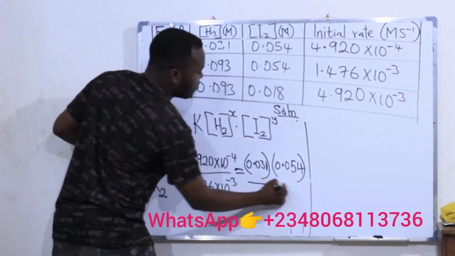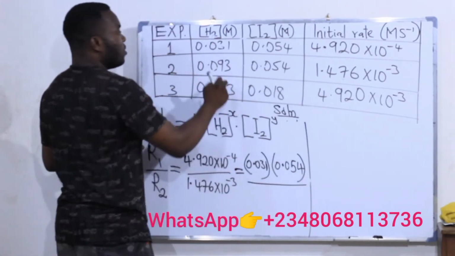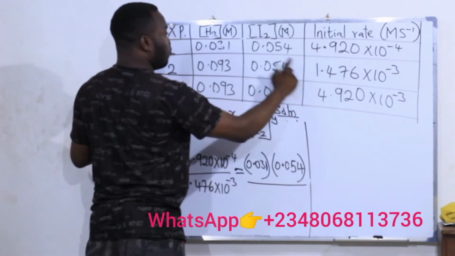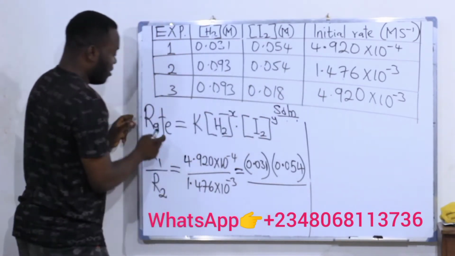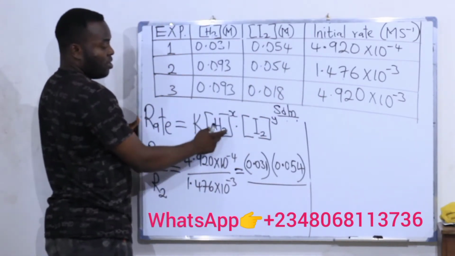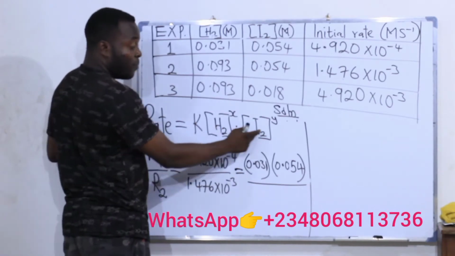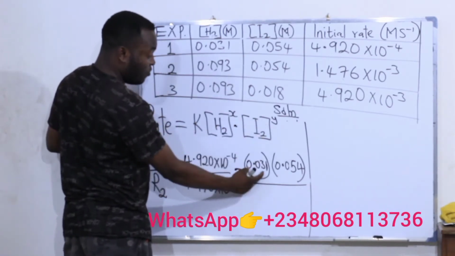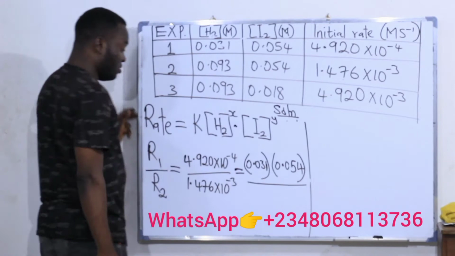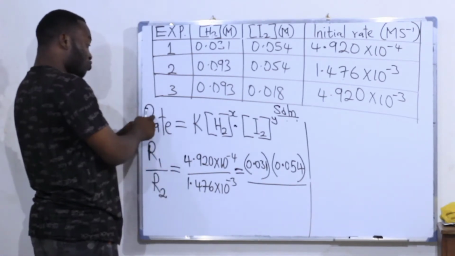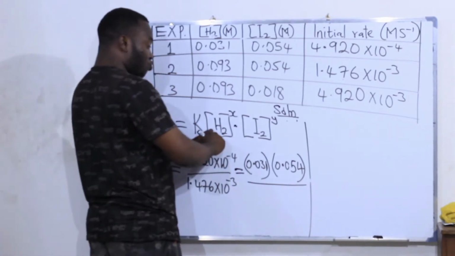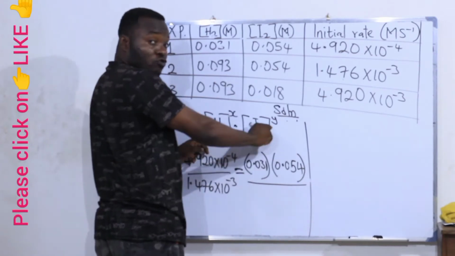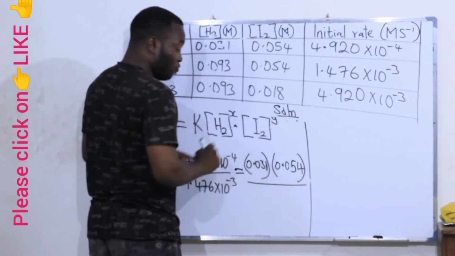Divided by the second experiment's concentrations. Remember, the rate equals the concentration of H times the concentration of I. So if I do rate 1 over rate 2, I will do concentrations 1 over concentrations 2.